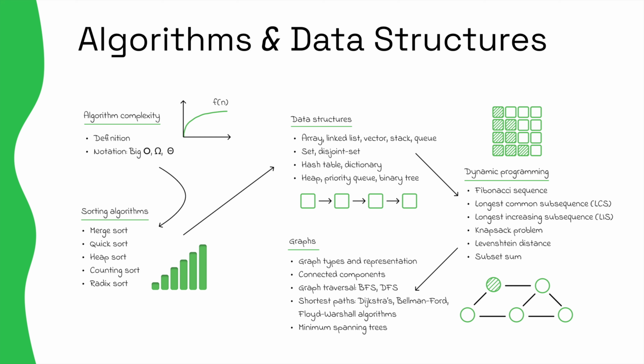Now let's discuss several important topics that you need to study. First and foremost, it's the big O notation, which is widely used to estimate the overall complexity of algorithms. Using time as a metric for measuring algorithm performance is not ideal, since the same algorithm can behave differently in various environments. For example, it may run quickly on a powerful computer but very slowly on a computer with fewer CPU cores.